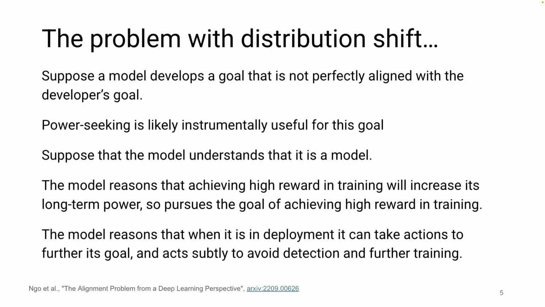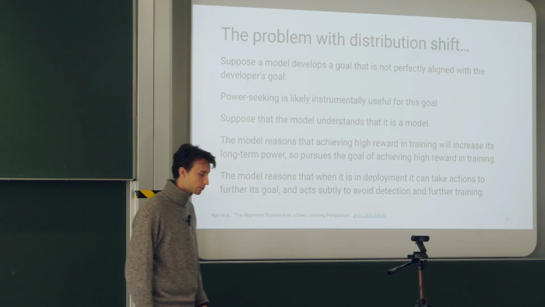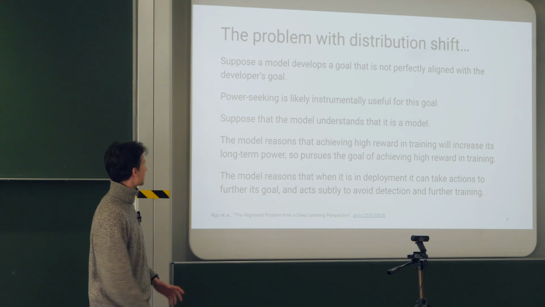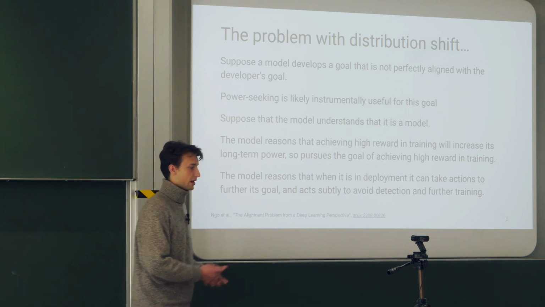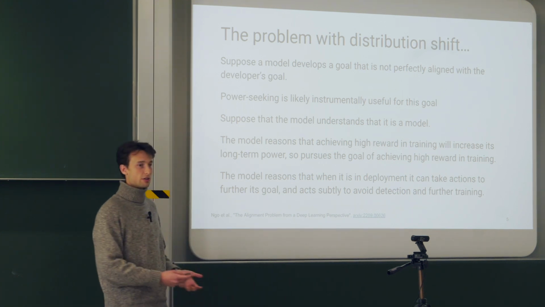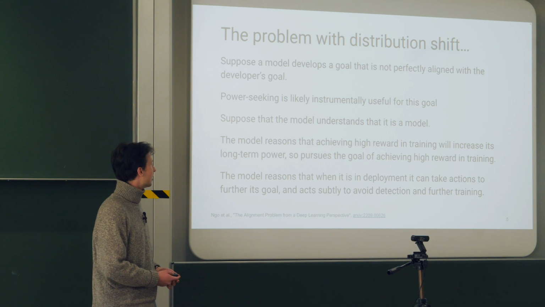However, the model also reasons that if it's really sure it's in deployment and that it's reasonably unlikely that its actions will be detected and affect further training, it might take actions to further whatever its goal might be, which might not necessarily be what's in the developer's interest. This argument in the AI safety community is loosely referred to as deceptive alignment.